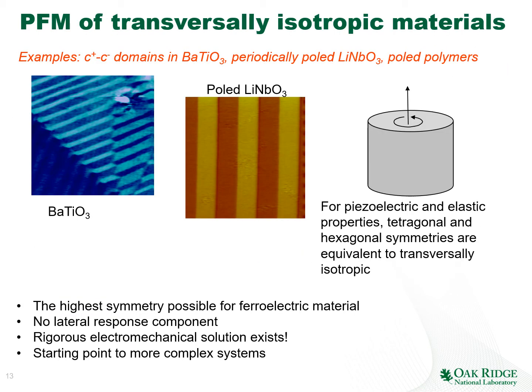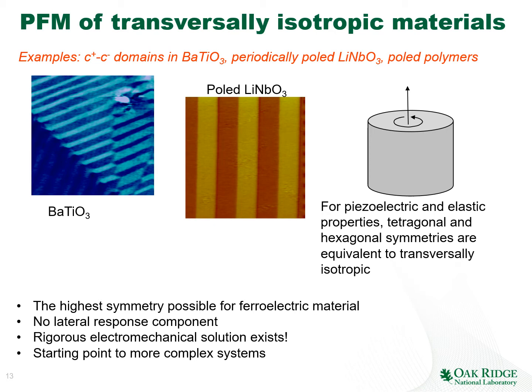So the question is, of course, quantitative is great, but what is it that we measure? It turns out that for the transversely isotropic material, which is the highest symmetry possible for a ferroelectric material, we can derive the analytical theory for the voltage-dependent contact mechanics.